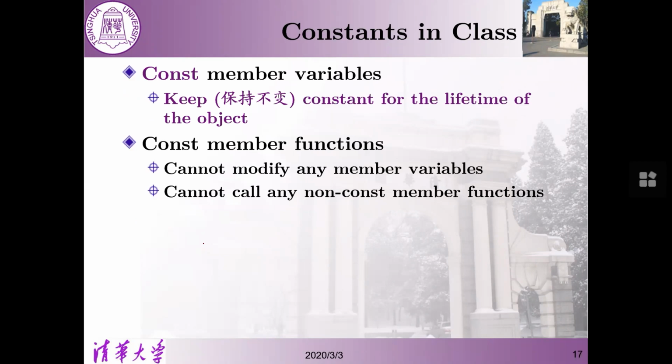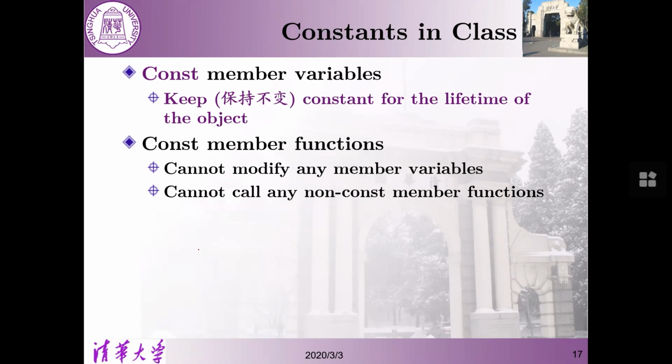The const member variables keep constant for the lifetime of the object. So if we define some member variables as const, they will not be changed. And we can also define const member functions. These const member functions cannot modify any member variables and cannot call any non-const member functions.